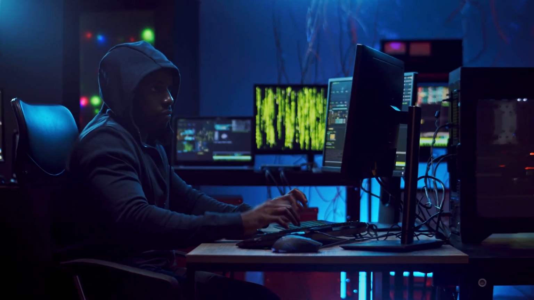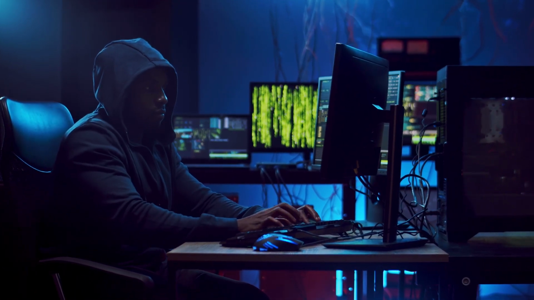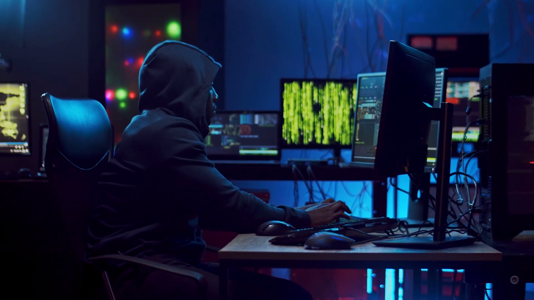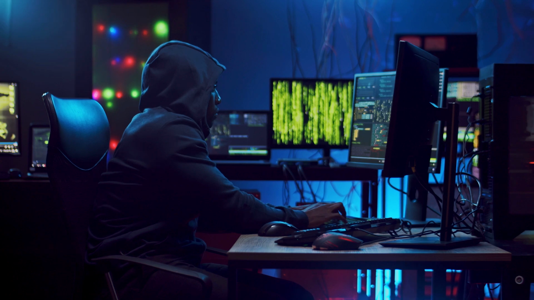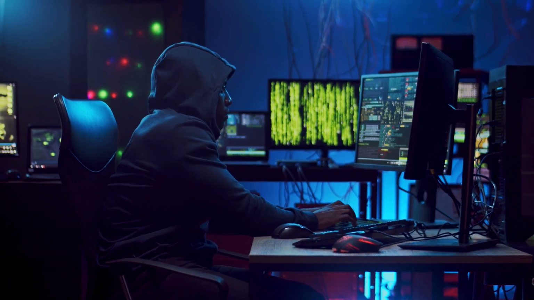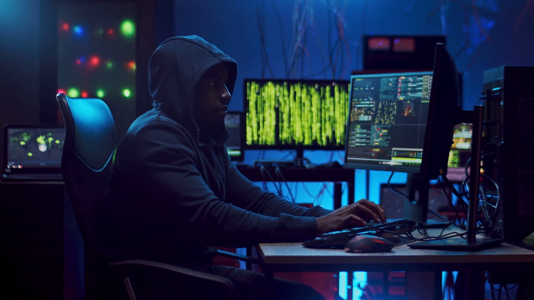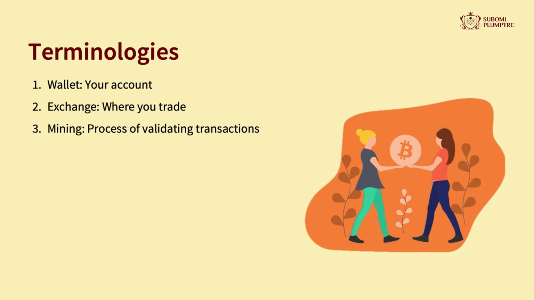So if I've created a token, as nodes begin to adopt the software that underlies that token, they also have the power to mine or issue new tokens. So mining encompasses that process, the ability to issue new tokens based on the software that underlies that particular token or coin, and they also have the power to validate the transactions.